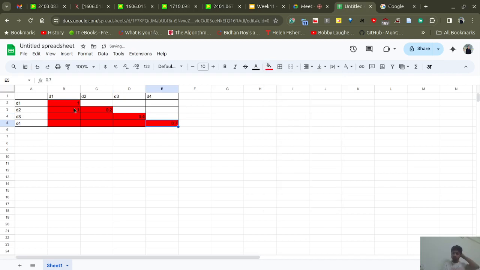If we know this, we can copy it here, because this is a symmetric matrix. So how many values do we need to calculate? The number of items we need to calculate is n into n plus 1 divided by 2.